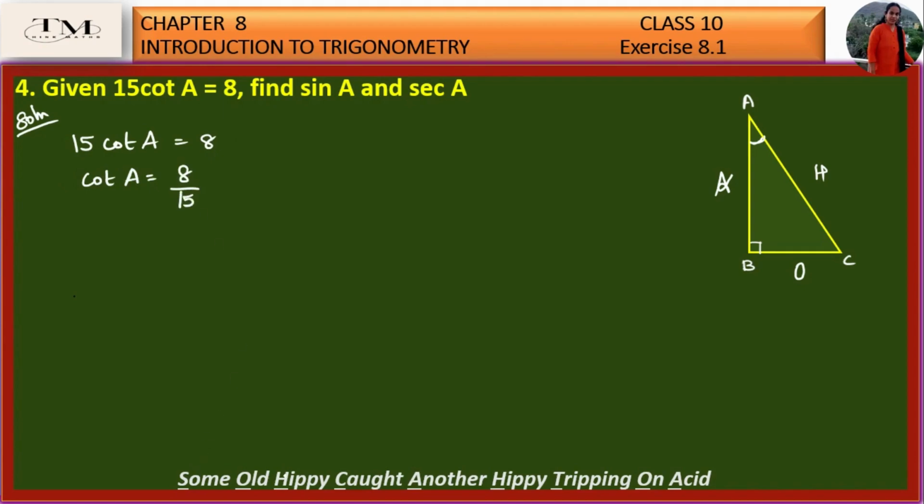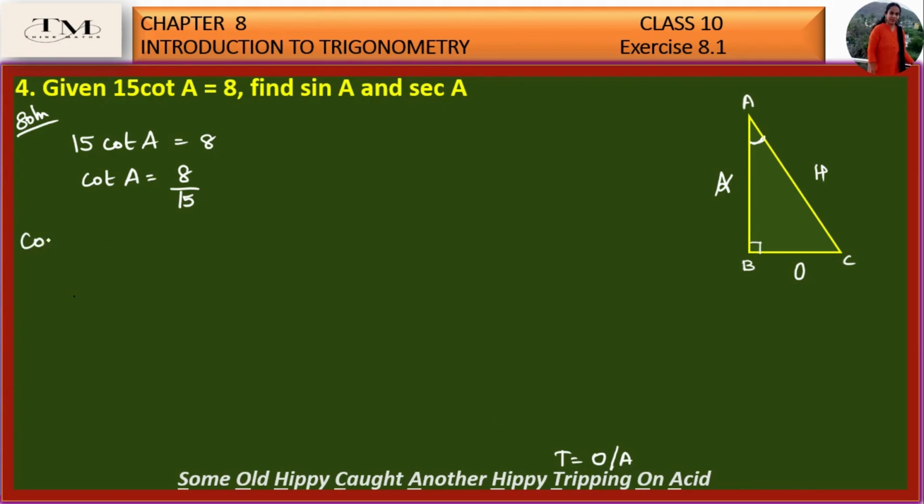We know the relationship for sine, cos and tan. Cot is nothing but the inverse of tan. Tan is T equal to O by A, that is opposite by adjacent.